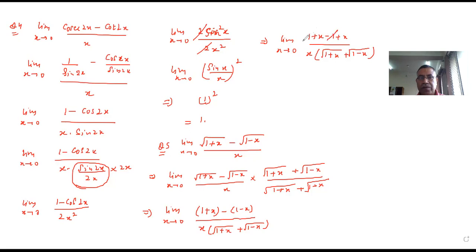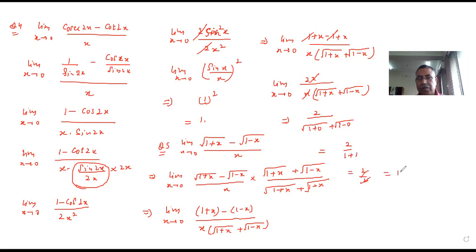So 1 goes, this is limit x tends to 0, 2x upon x times the roots, which implies this is 2 upon root 1 plus root 1, which is 2 upon 2, which is equal to 1.